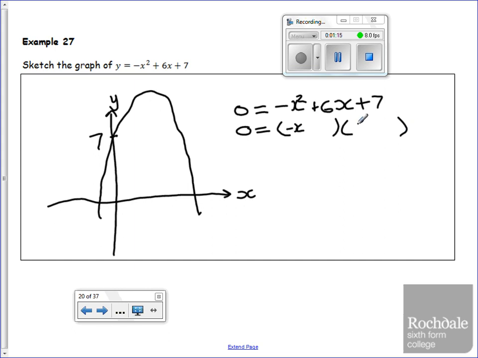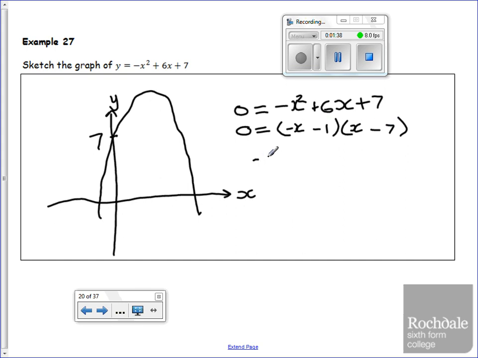Negative, so we've got minus x and x. 7 and 1. We need plus 7, so they've both got to be negative. When we multiply minus 1 and minus 7, we'll get the 7. So we've got minus x squared minus x plus 7x would give us our 6x plus 7.